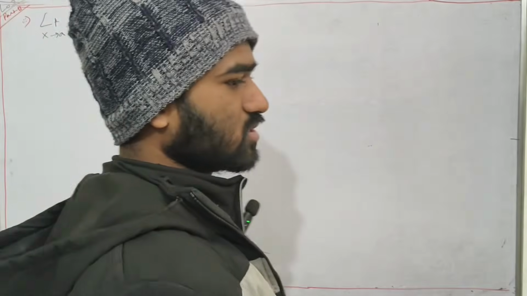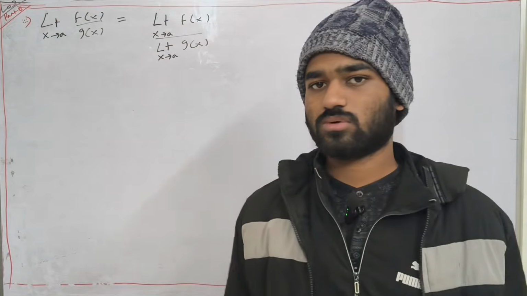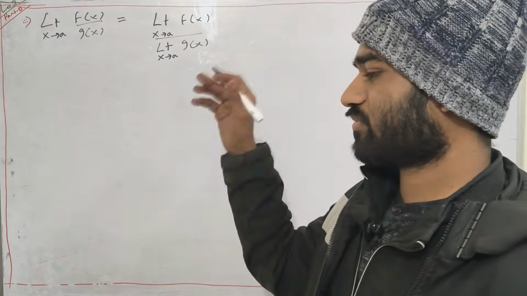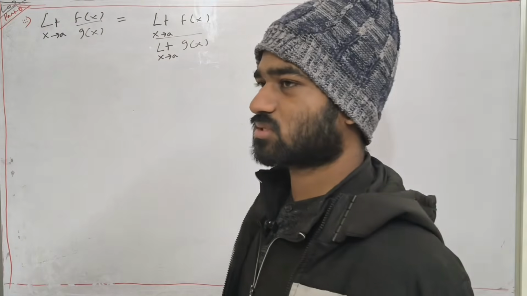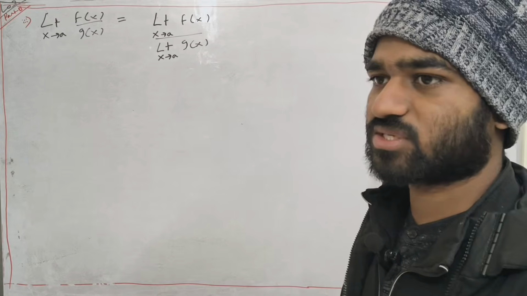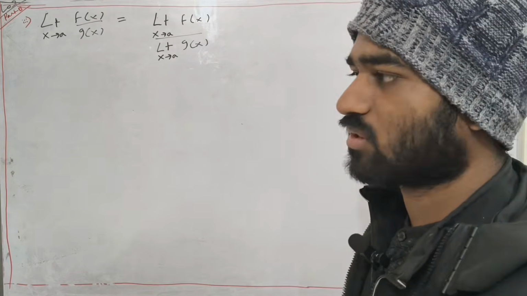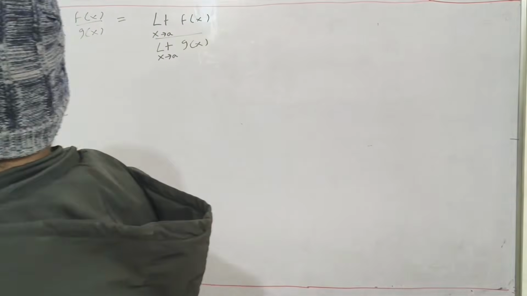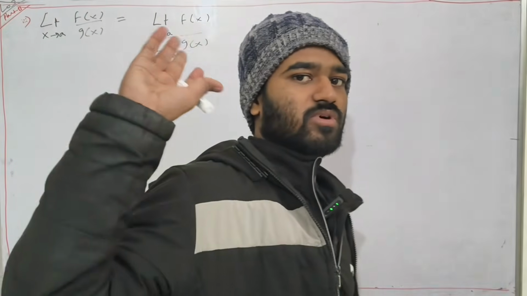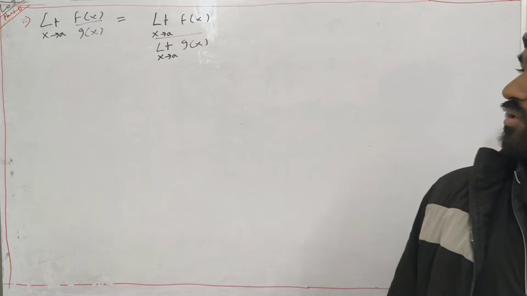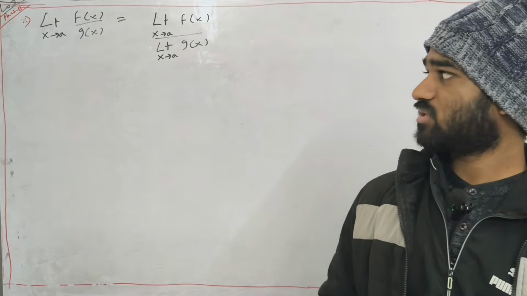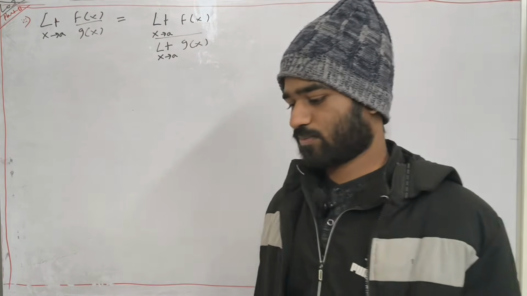And we discussed one example with x power 4 minus x square, and we got the limiting value minus 67 by 6. Again the question arises: can we use this rule even when either of the limits doesn't exist? Tell me.